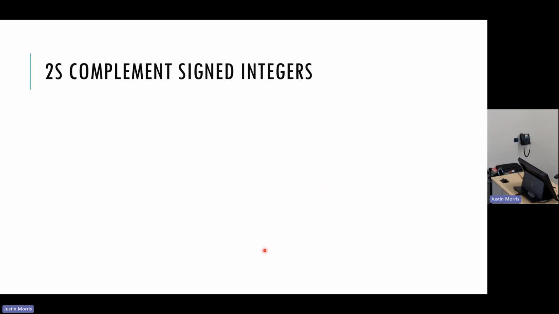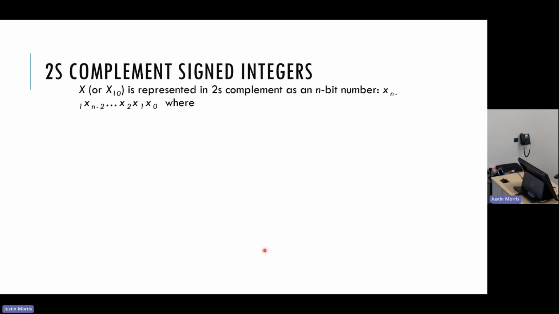So this I'm not going to go through as quickly because this is something that I might ask you to do later on, as well as it's important to know in embedded systems, because oftentimes you are going to use signed numbers.